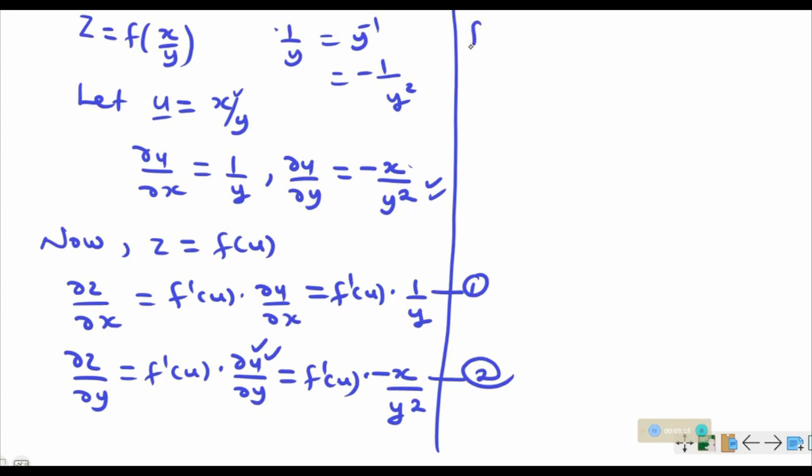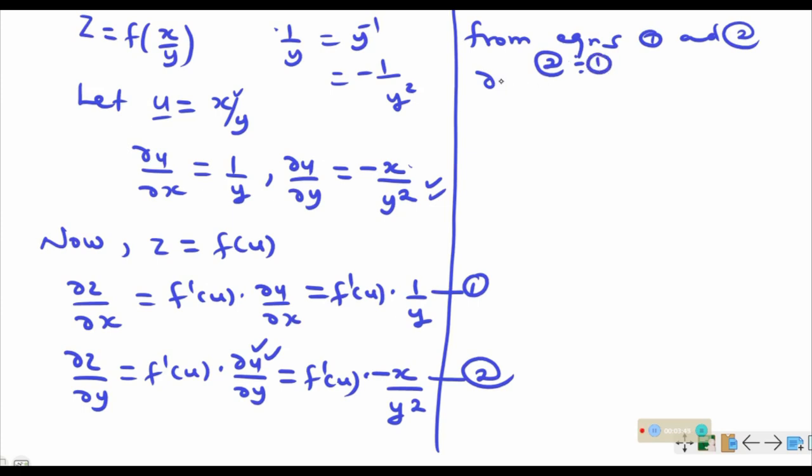So from equations 1 and 2, we can easily divide these two equations here to eliminate f derivative of u. Let us get equation number 2 and divide it by equation number 1.